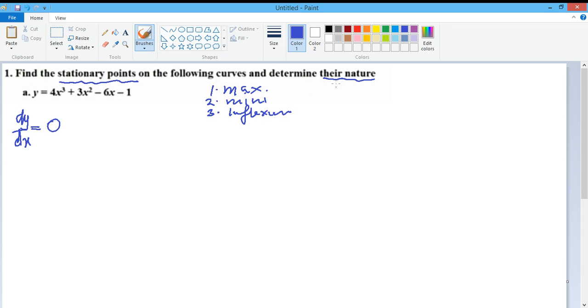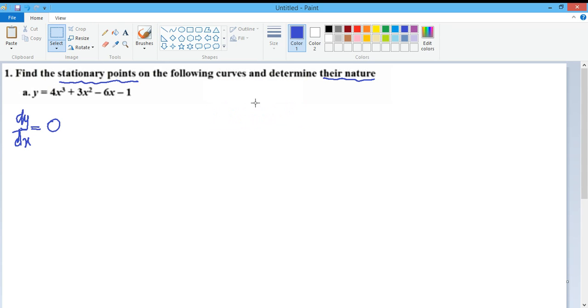So they want you to classify that particular stationary point into one of the following categories: maximum, minimum, and inflection.